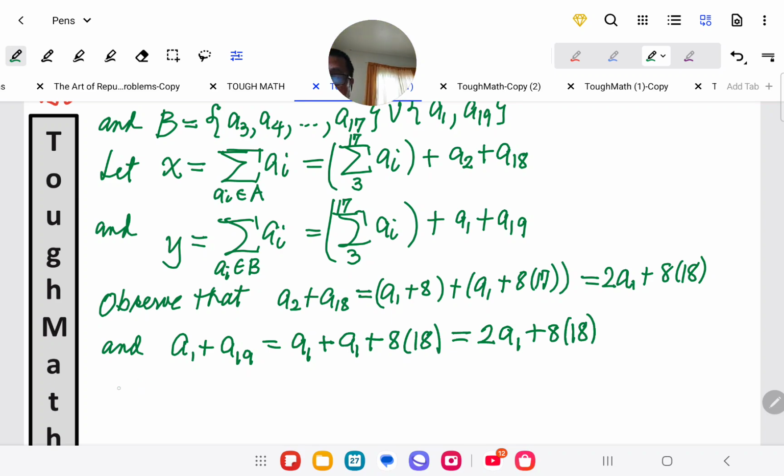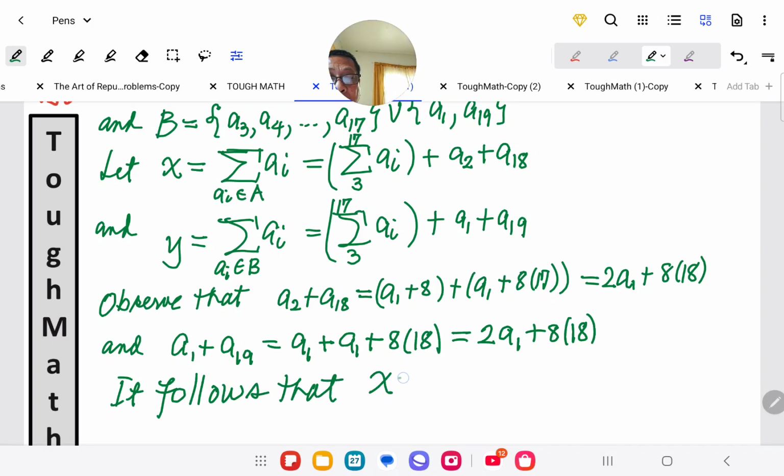It follows that X equals Y, even though the sets A and B are not equal.